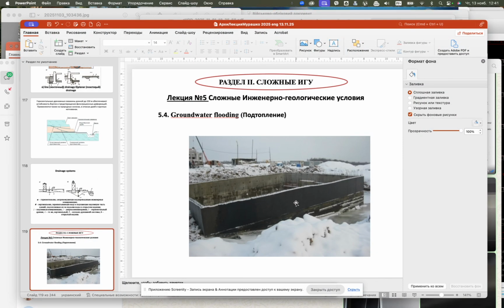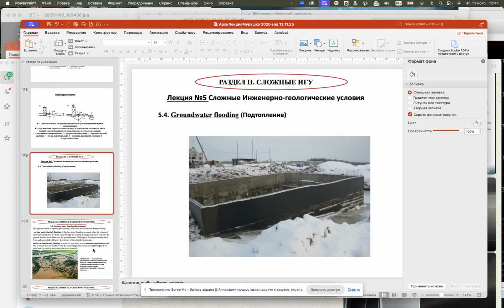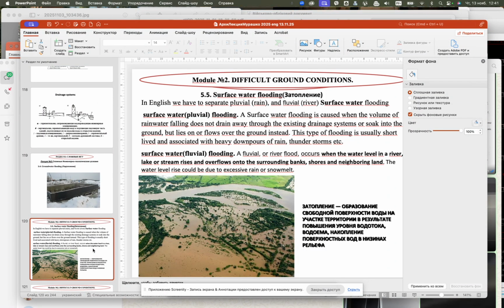Yeah, it's like a bottle which floats on the surface of the sea. It's concrete, but the pressure of water was so big that it made the foundation float up. So that's why I want to show you the importance of the flooding.